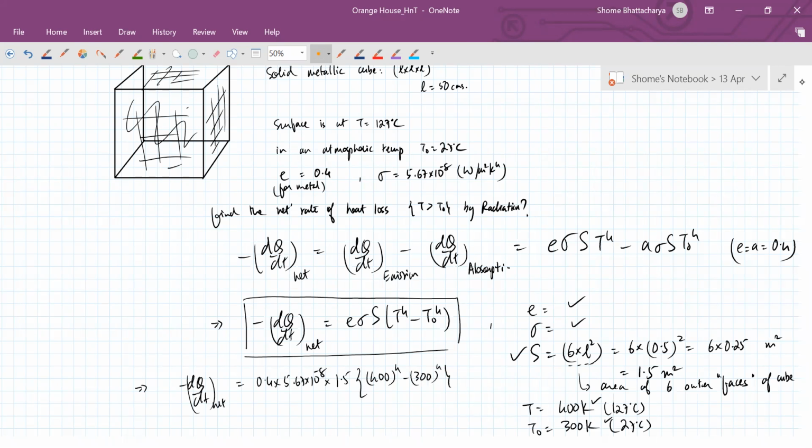Okay, so just note down up to here. We'll complete the calculation next. Okay. You can see the calculation is quite easy because you can take 100 to the power 4 common between the two terms inside the bracket. Okay. And 100 to the power 4 is 10 raised power 8, so it will cancel with 10 raised power minus 8 of Stefan's constant. So ultimately this becomes pretty simple to calculate. So this numerical value of net rate of heat loss we'll get will be in joules per second or watts.